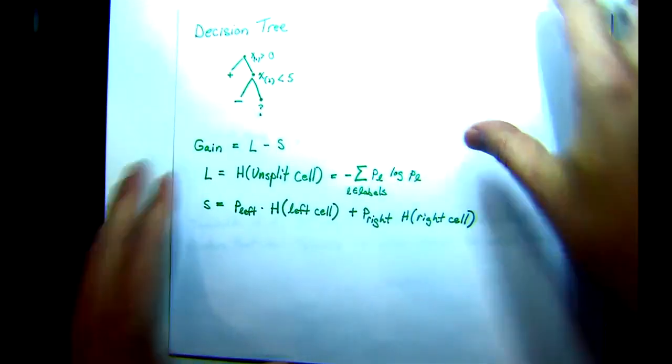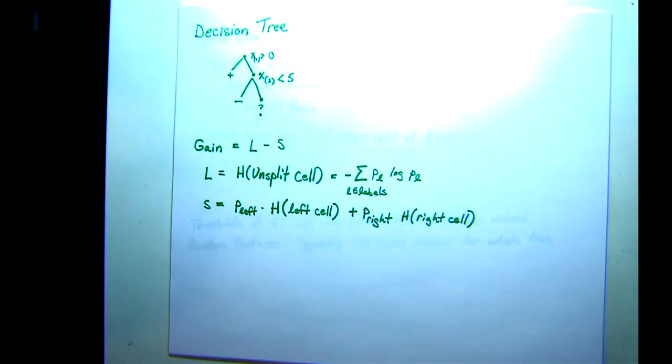All right, so we've been talking about a variety of classifiers, and specifically we've been talking about decision trees last class. A decision tree is just a tree where at each node you have a decision point, and at the leaves you have a label.